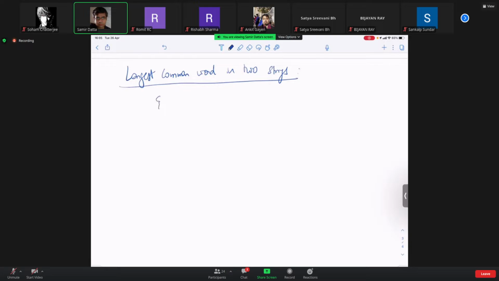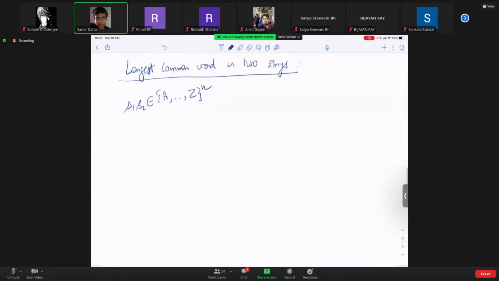A string is A to Z to the N, correct? So your two strings S1 comma S2 belong to this thing, correct? So if you have S1 and S2, you want to find the longest common word.